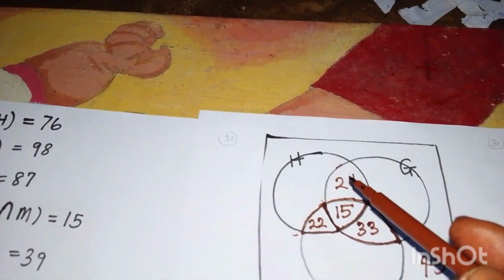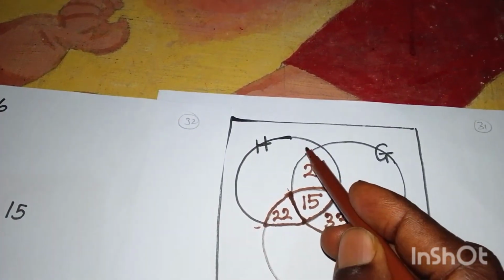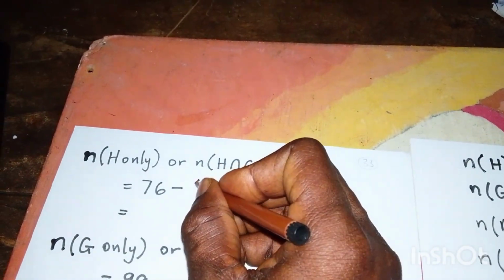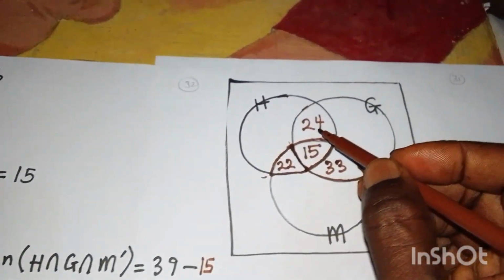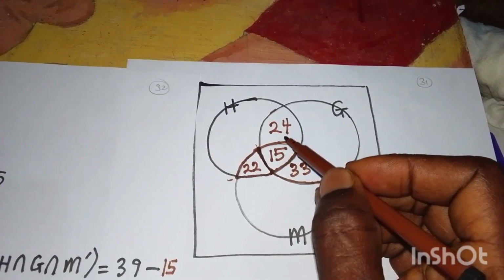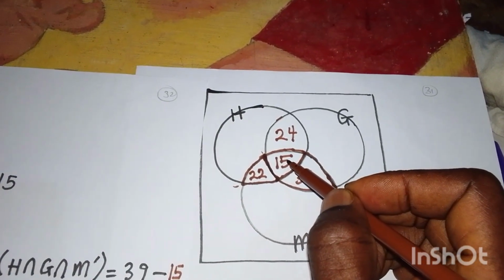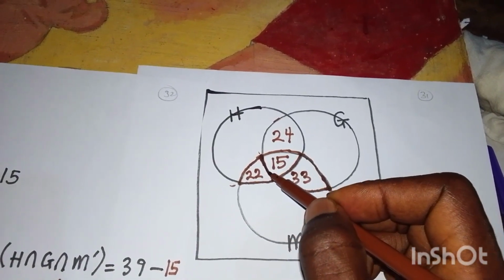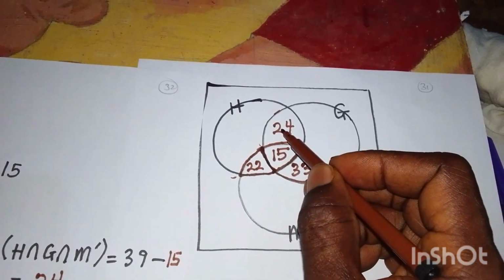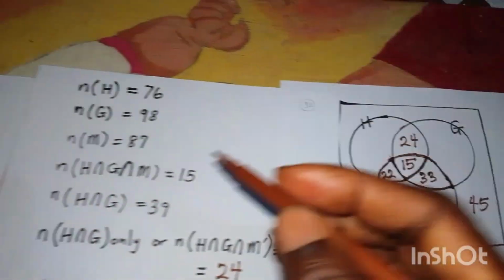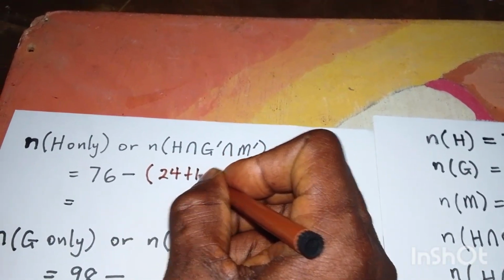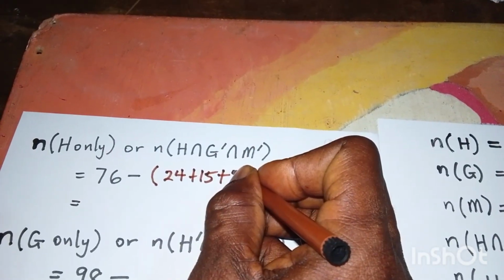The number that like history, which is 76, minus the remaining those that like two subjects and the three subjects. So let's add these three: 24 plus 15 plus 22.